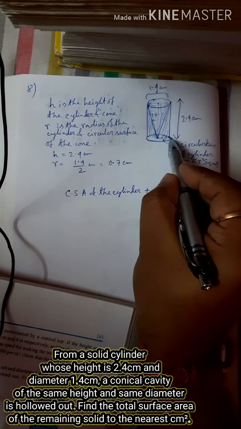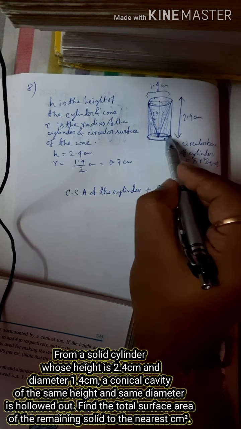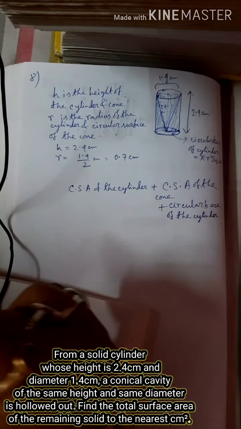Because this is r and the total one is 1.4, so this is 0.7, right? This is the required total surface area.